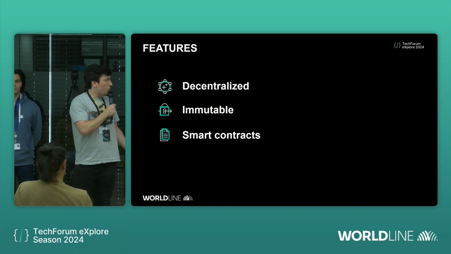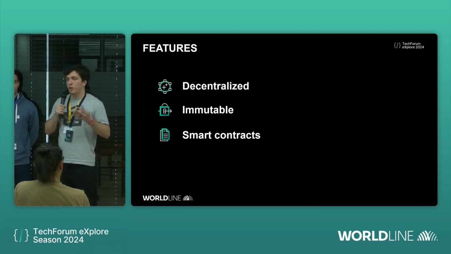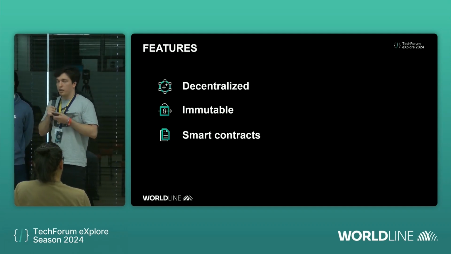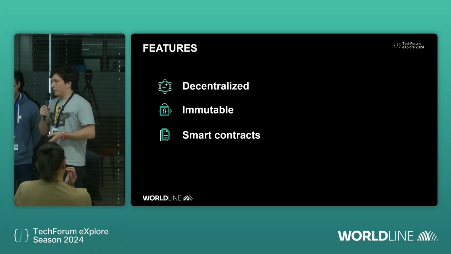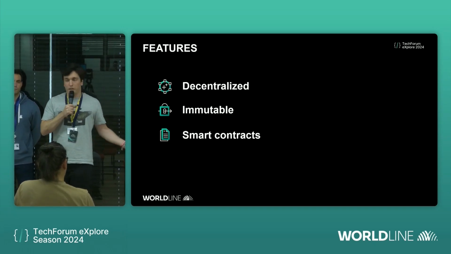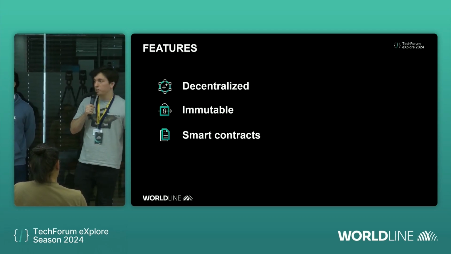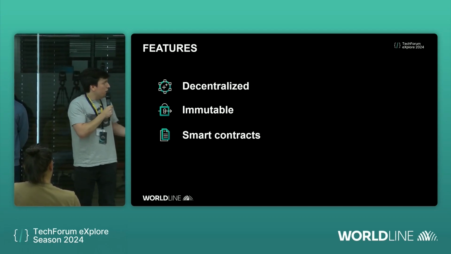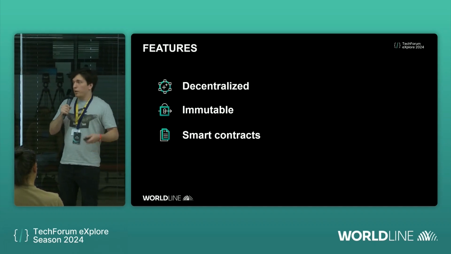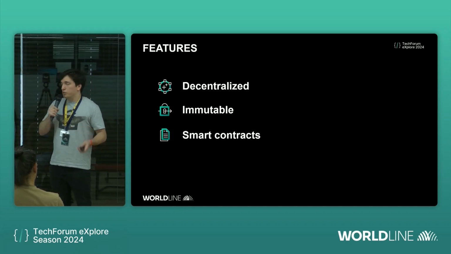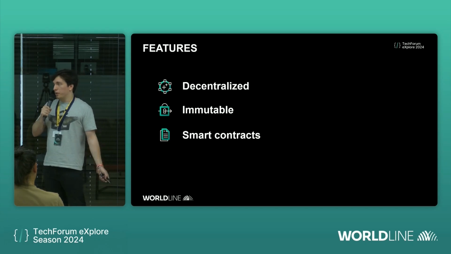But okay, how are these unchangeable security and transparency properties achieved? That is why we need to introduce the concepts of immutability and also decentralization. And then we will talk about how the smart contracts come into play.